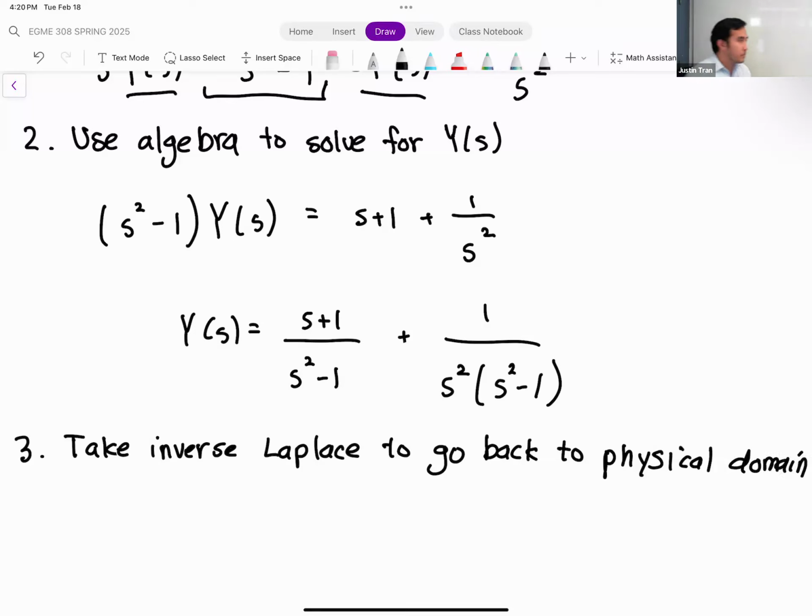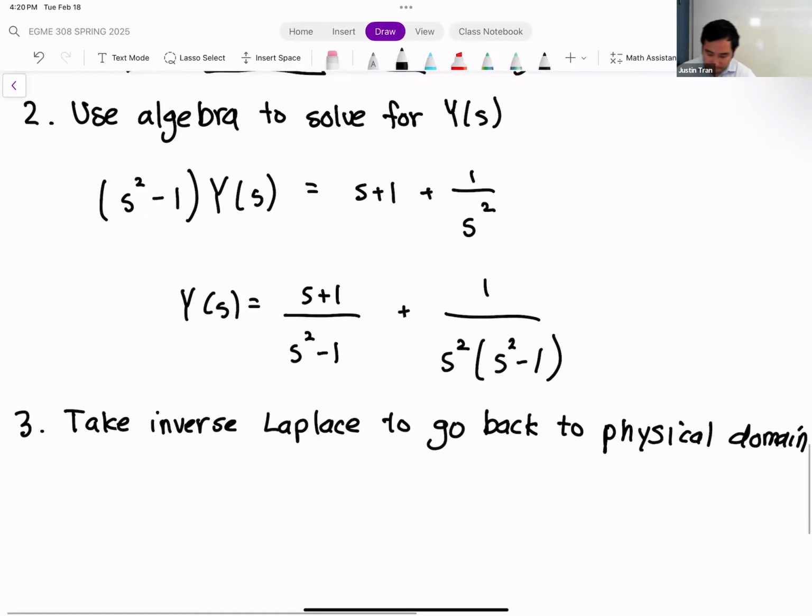We're going to take both of these terms and try to match them up with something in the table to take the inverse Laplace.